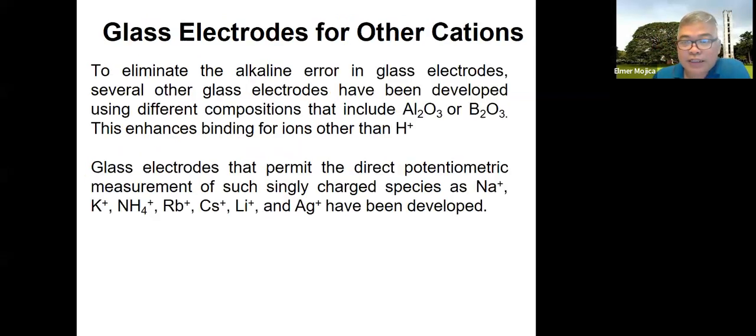So the last thing I can say about this glass electrode is that there are some advantages. Its potential is essentially not affected by the presence of redox agents, and it operates over a wide pH range.